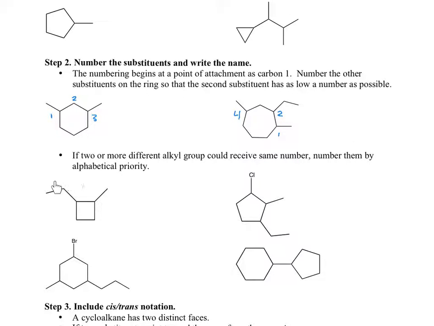For instance, in this case, you have an ethyl and a methyl group, and you're going to number the cyclobutane ring from the left-hand side. And therefore, this cyclobutane molecule would be named as 1-ethyl-2-methyl-cyclobutane. And you could apply the rule for the rest of the molecule.